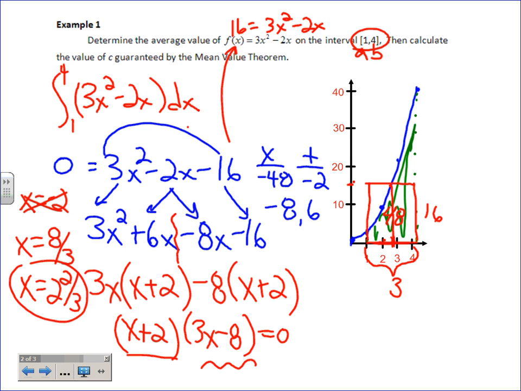Okay. So again, whenever they're talking about the mean value theorem, if they're looking for the c value, they are looking for x right there. And a lot of times, if they just ask you for that mean value, they're asking for the y. And so in this case, that would be 16. So any questions on that?